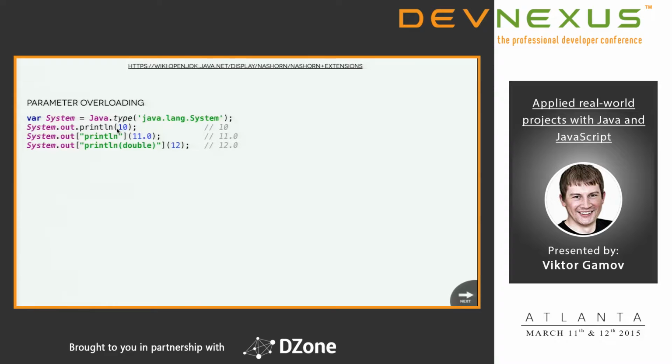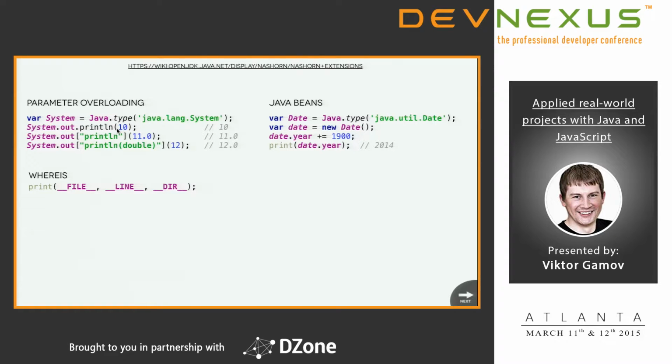And here you also do overriding. We're doing an explicit double. We can get access to the Java beans with that kind of thing. Like we can access a Date type, and we can do very interesting stuff.